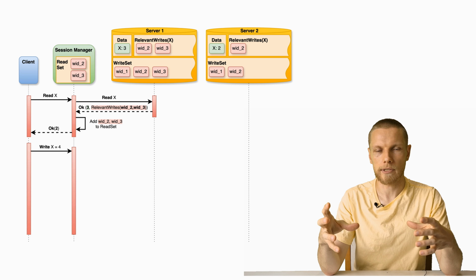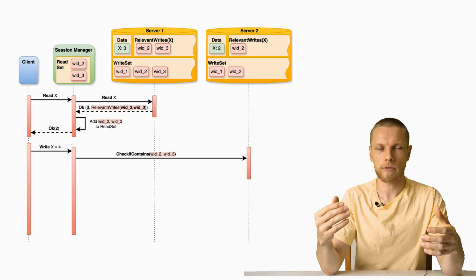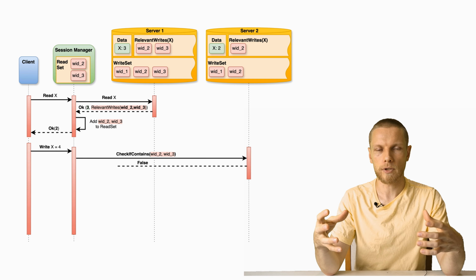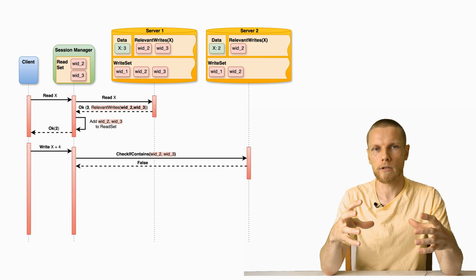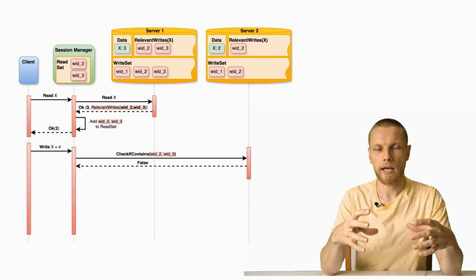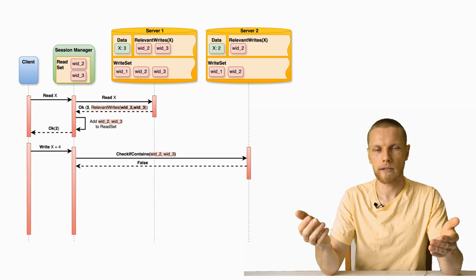Next, a write happens. And during the write, it's now the responsibility of the session manager to find such a server which would satisfy the write follows read guarantee. So first it checks server 2 and asks if server 2 contains all write IDs which are stored in the read set. And server 2 responds negatively because it's behind.